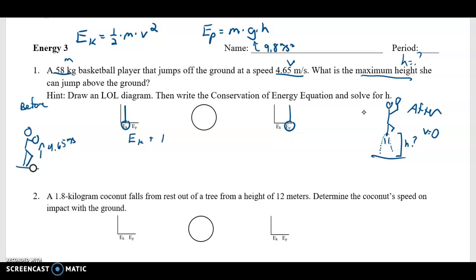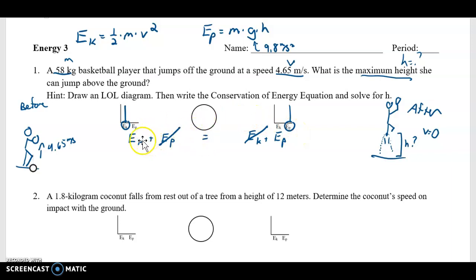We know that our total energy, the kinetic and the potential energy, have to add up to equal the kinetic and the potential energy afterwards. So this is our rule. But in this situation, we can actually cross out some things. We know that before there's no potential energy, and we know that after there's no kinetic energy. So the kinetic energy and the potential energy are equal to each other.